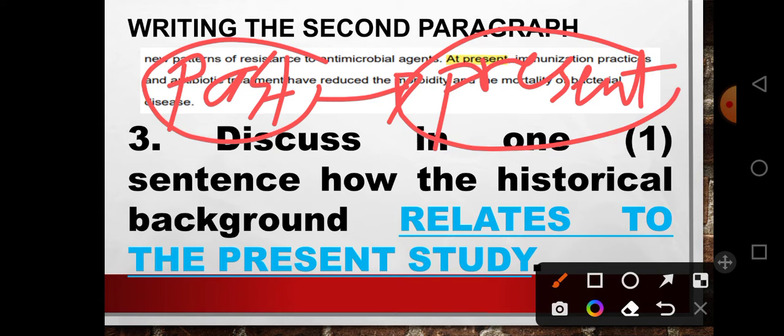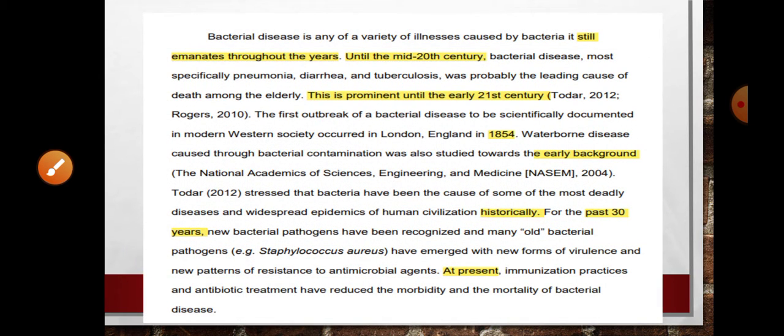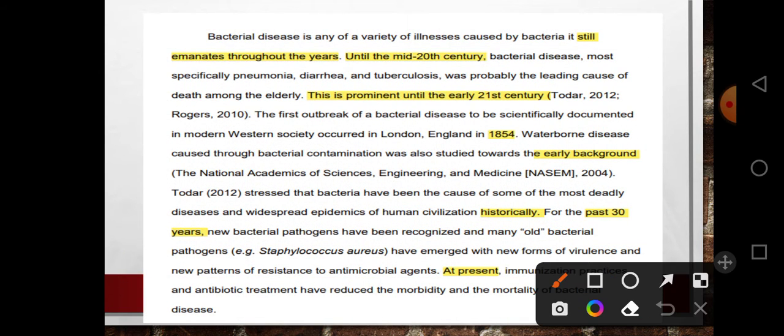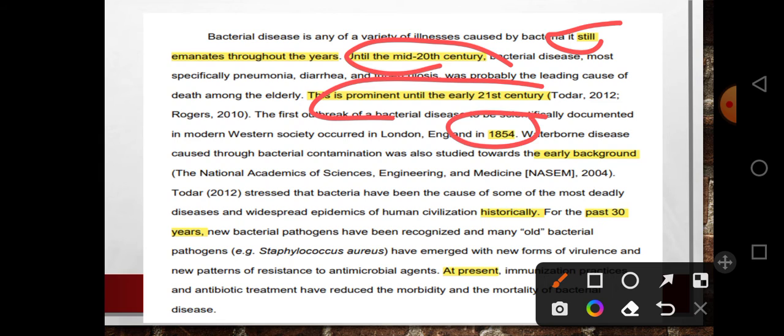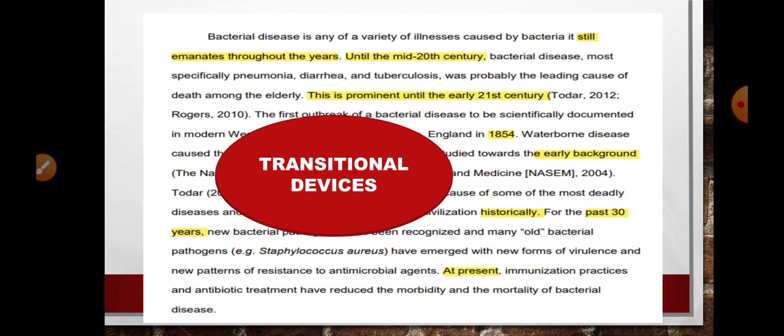And how do we connect our ideas from past to present? Remember, class, we have our highlighted terms again, which we call time and date terms. These highlighted phrases also serve as our transitional devices.